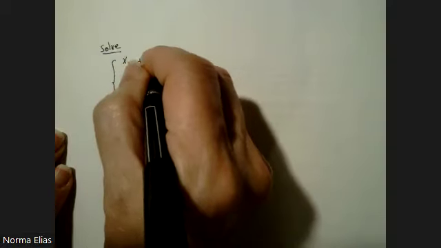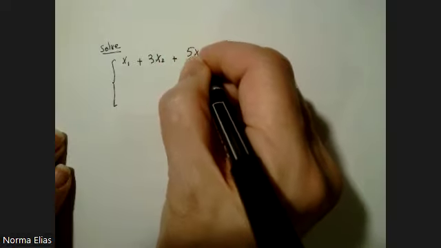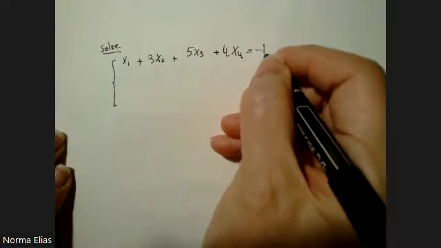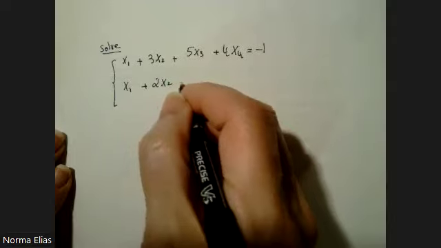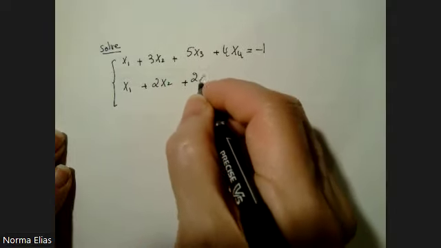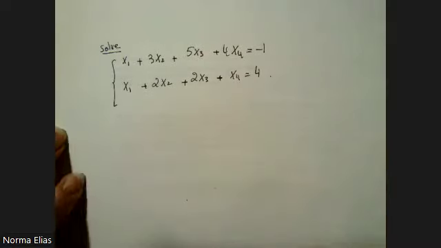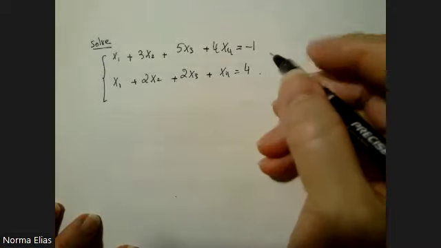So let us solve, just to make sure we understand parametric equations fully: x1 plus 3x2 plus 5x3 plus 4x4 equal -1, and x1 plus 2x2 plus 2x3 plus x4 equal to 4. And the question is for us now not solving, but write the solution in parametric vector form.